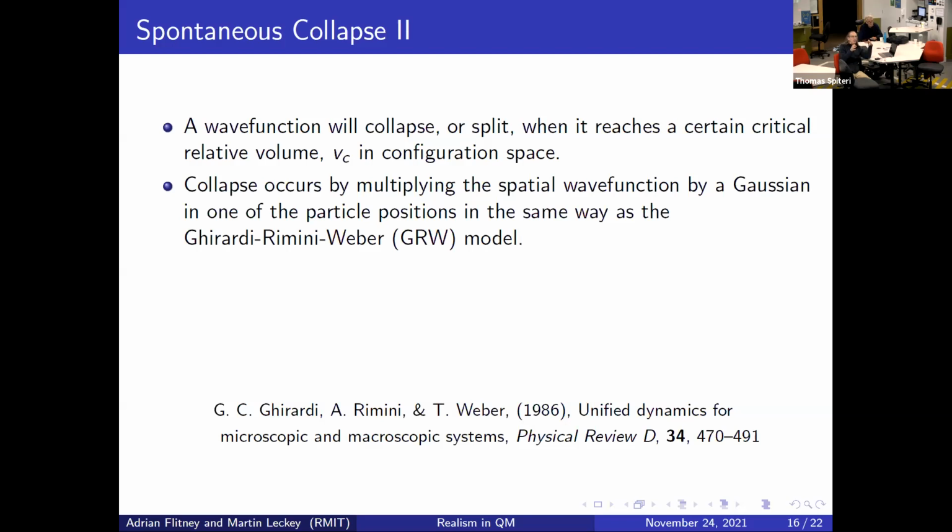So this collapse, when it happens, and I'm missing out the mathematical details here, will be by multiplying the wave function by a Gaussian in the position of one of the particles. And so what we're doing is concentrating the position of that particle around a certain location. And because we've got a system here of n particles that are strongly interacting, we assume that that will localize the remaining particles in the wave function as well.